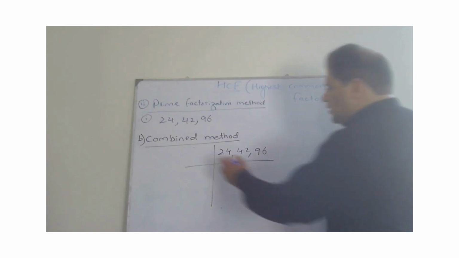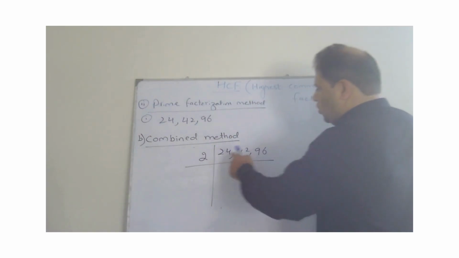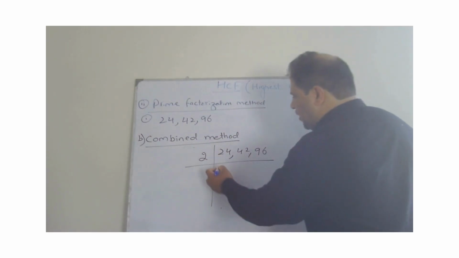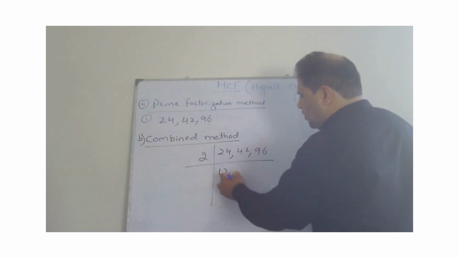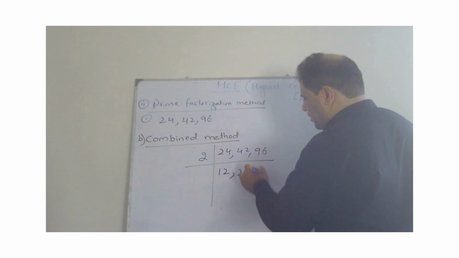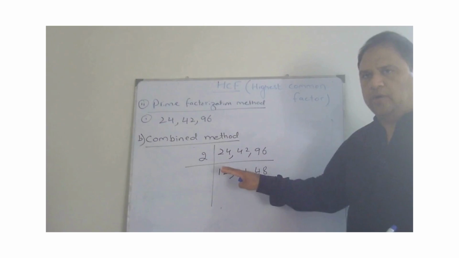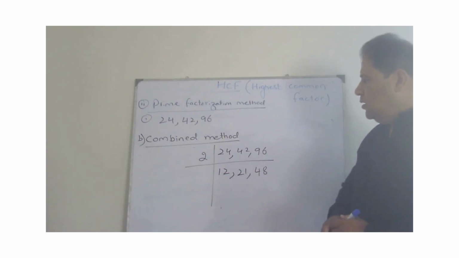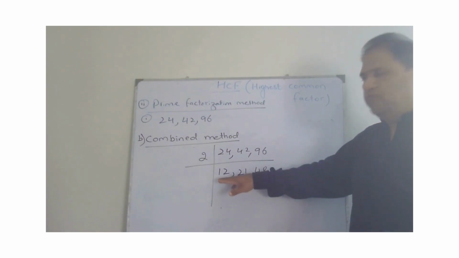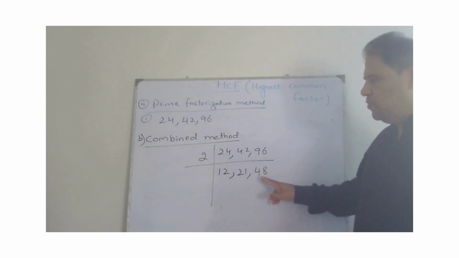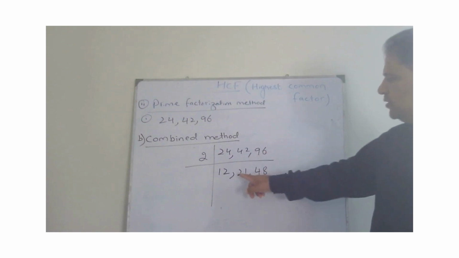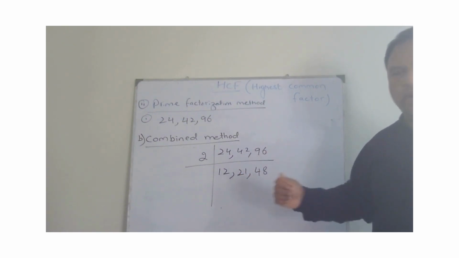For example, let's take 2. All the numbers are even, so I can divide them: 12, 21 and 48. So all the numbers are easily divided by 2. But in the next step, we have 3 numbers, 2 are even, but the third one is an odd number which is not divided by 2.